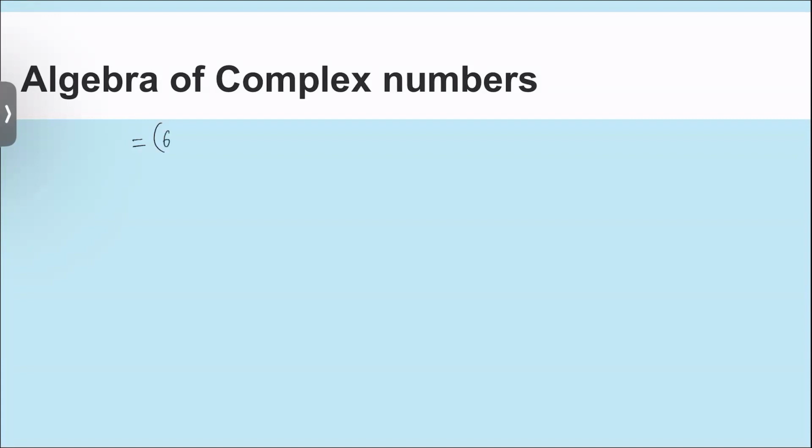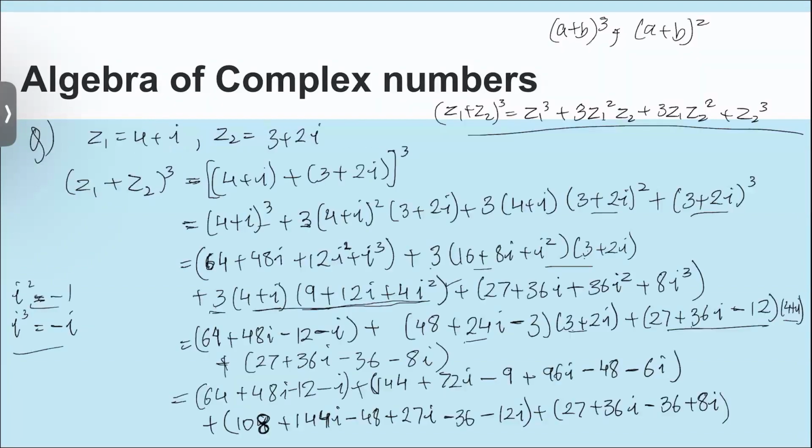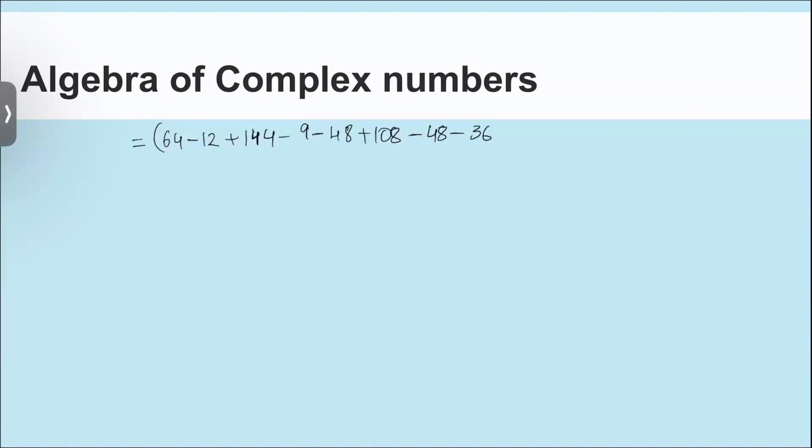Okay, so for the real terms, you have 64 minus 12 plus 144 minus 9 minus 48 plus 108 minus 48 minus 36. Then you have 27 and minus 36 plus 27 minus 36.